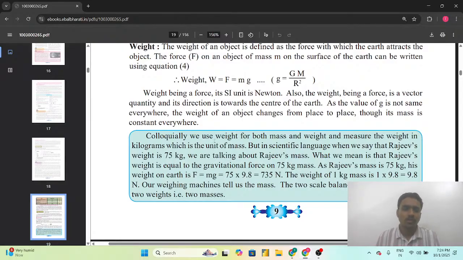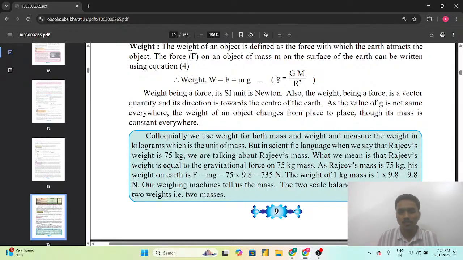Colloquially, we use weight for both mass and weight and measure the weight in kilograms, which is the unit of mass. But in scientific language, when we say that Raju's weight is 75 kg, we are actually talking about Raju's mass. What we mean is that Raju's weight is equal to the gravitational force on 75 kg mass.